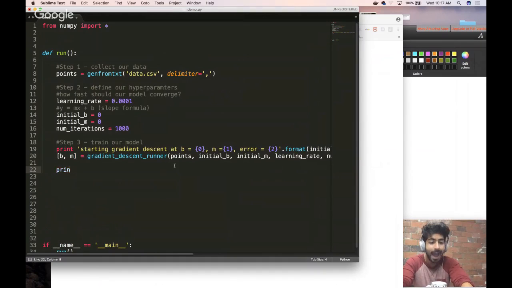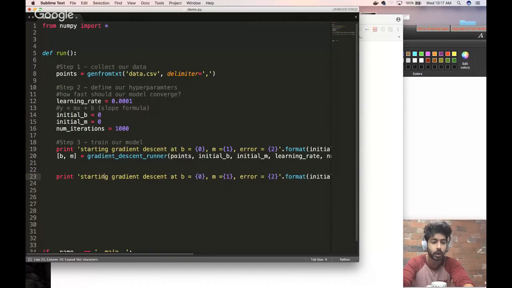After we fit our model, now we can just print it out. Let me just copy and paste this. This is not our starting point. This is now our ending point, where b is this, m is this, and then the error is this.